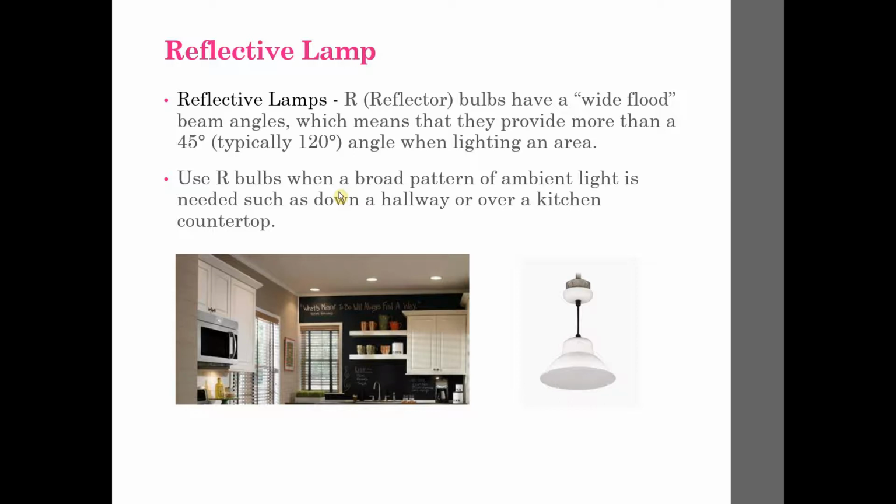So it projects down a broad light, which is helpful in certain applications such as walking down a hallway or over a kitchen countertop, something like that. It provides a nice solution for lighting.